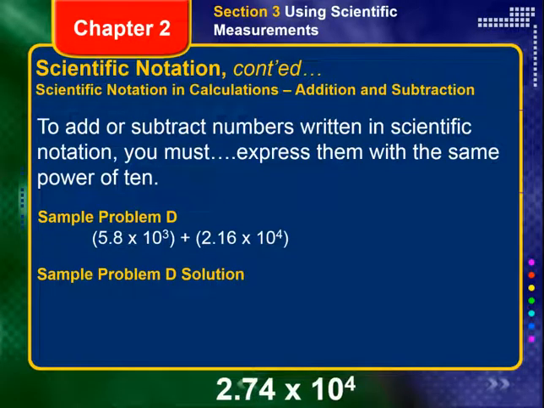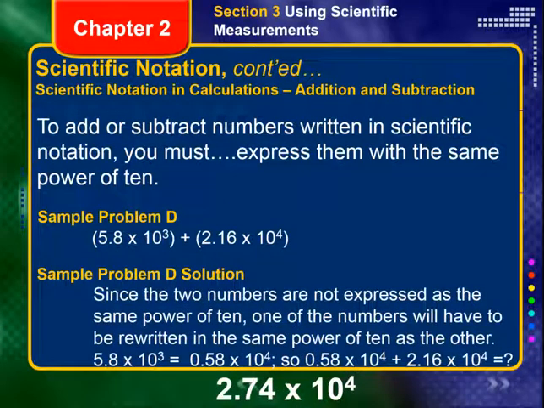So what I'm going to do here, since the two numbers are not expressed in the same power of 10, one of the numbers will have to be rewritten in the same power of 10 as the other. For this example, I'm going to change this 5.8 times 10 to the third so that the exponent is times 10 to the fourth. Now you can move the decimal on the 2.16 times 10 to the fourth so that its exponent is times 10 to the third. That is just as legit. I'm just picking this one.